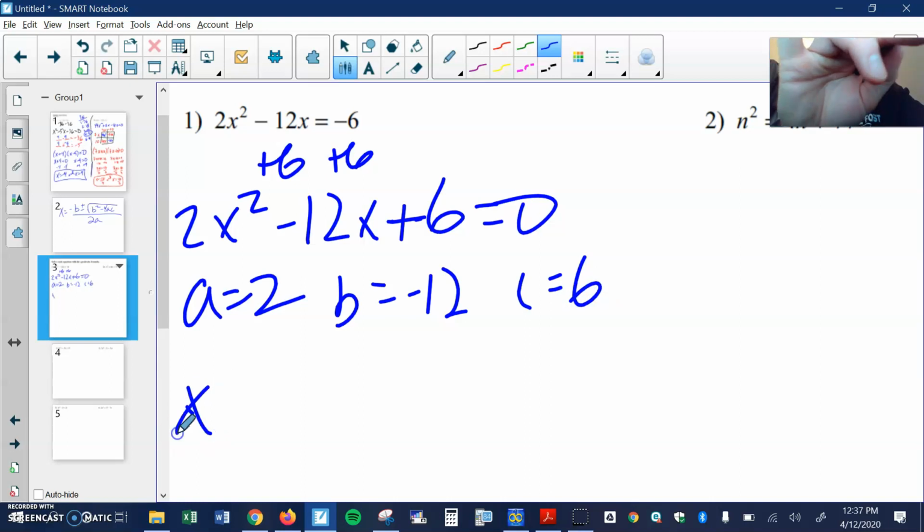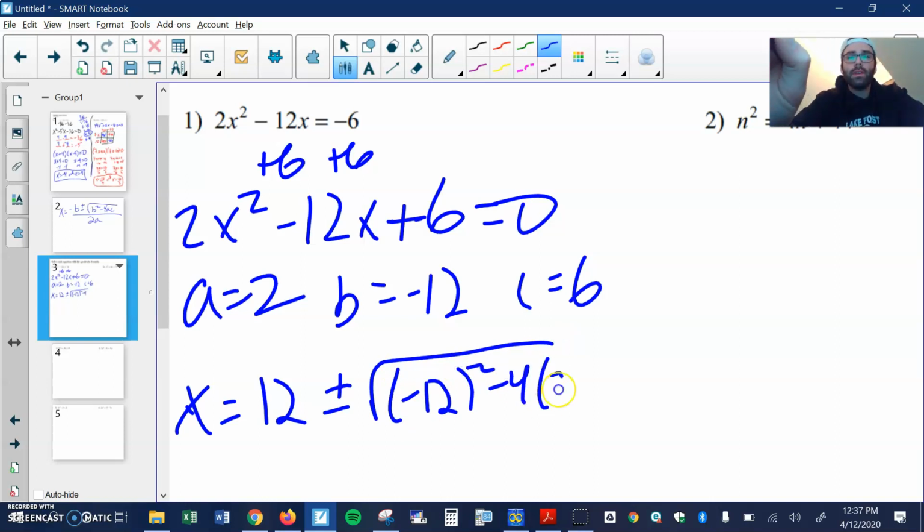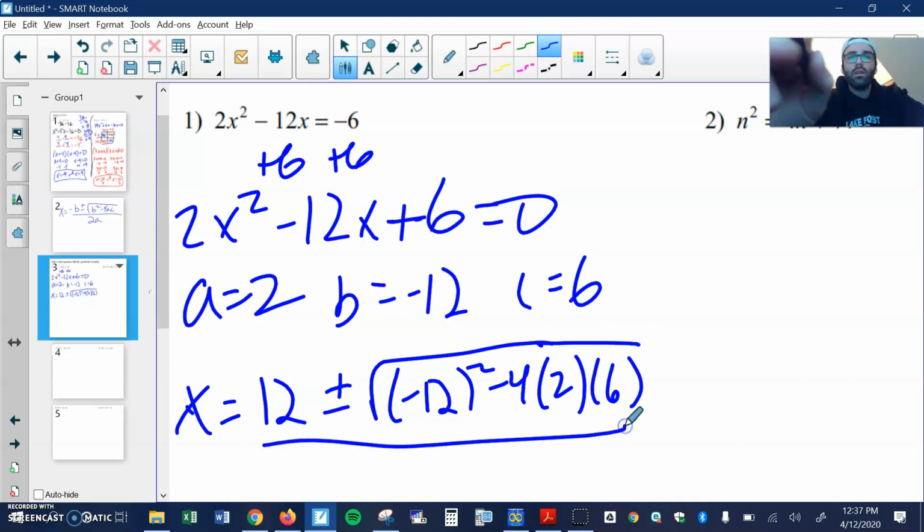So I got x equals the opposite of B. The opposite of negative 12 is positive 12. Plus or minus the square root of negative 12 squared minus 4 times 2 times 6, all over 2 times 2.